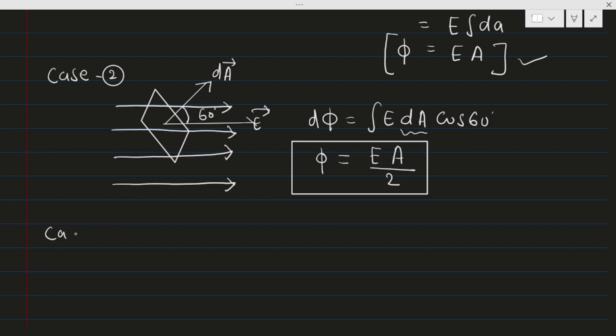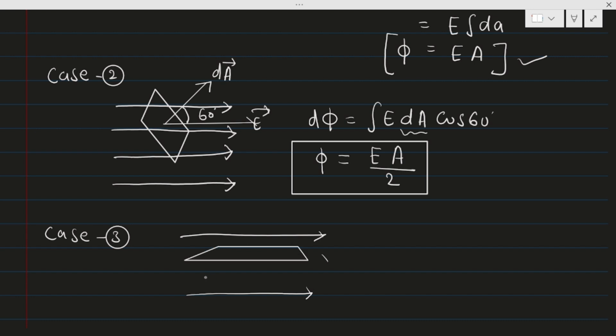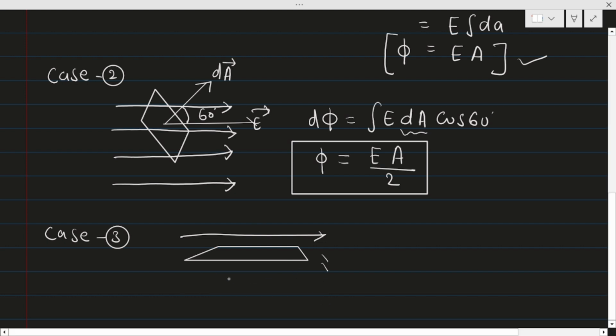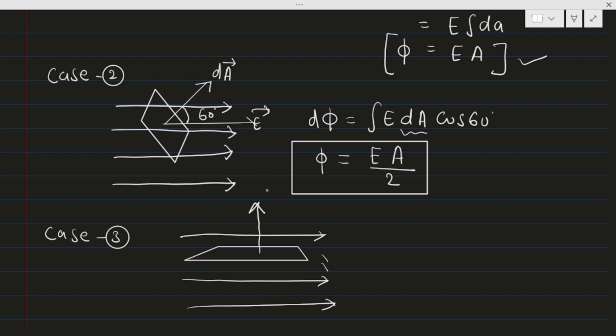And let's discuss case 3, in which we put the small plate in this direction. This is the plate inside the electric field like this. The area vector of this is dA, and the electric field lines are in this direction.